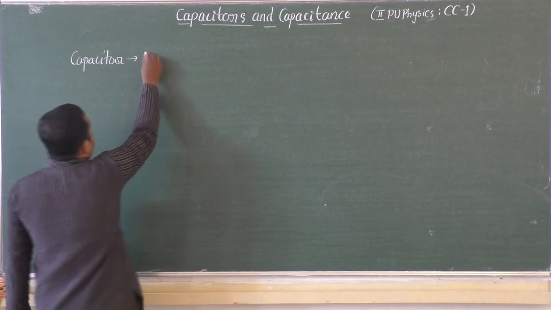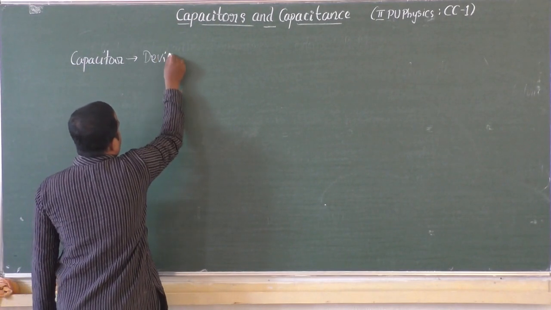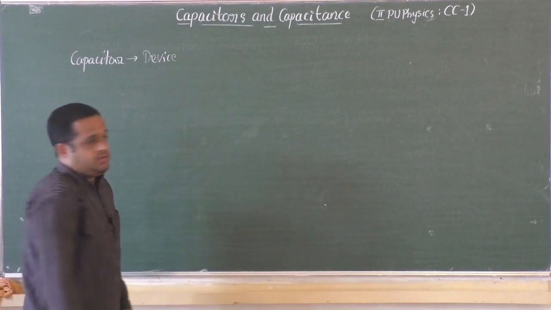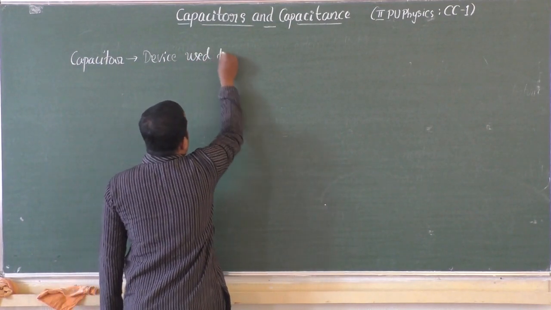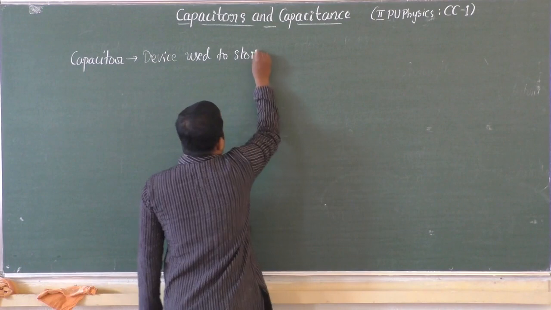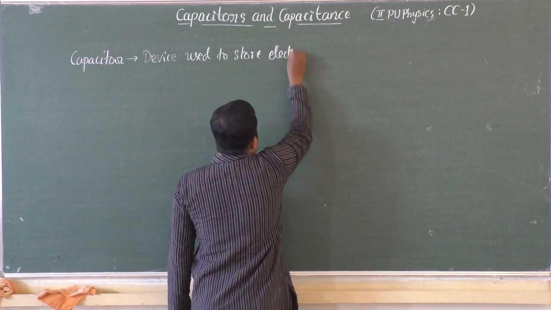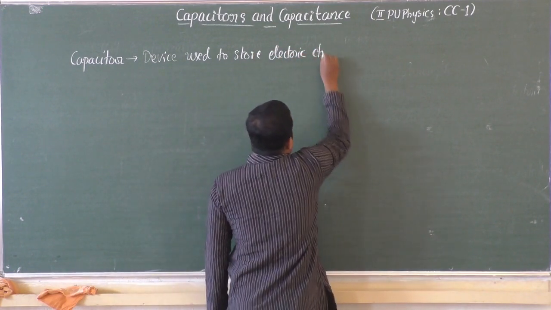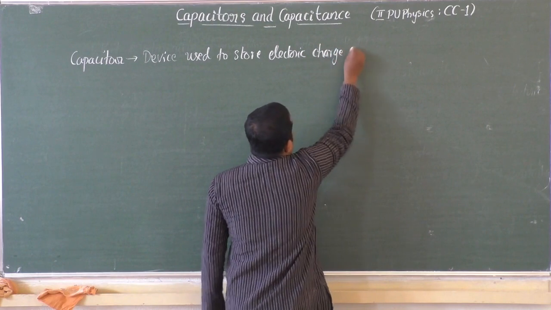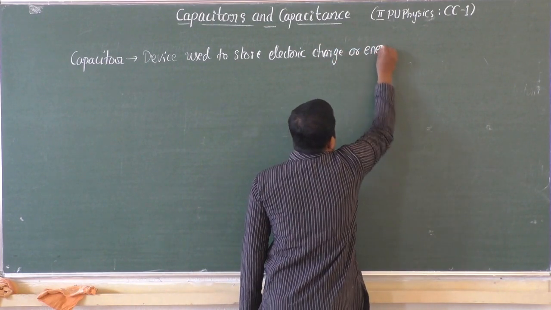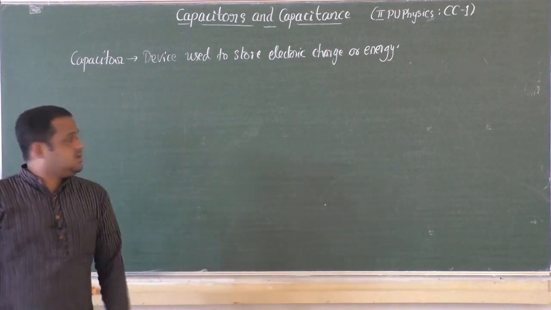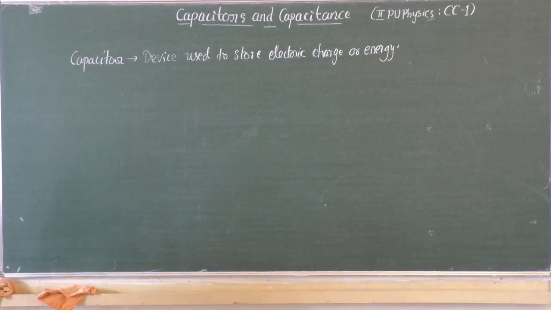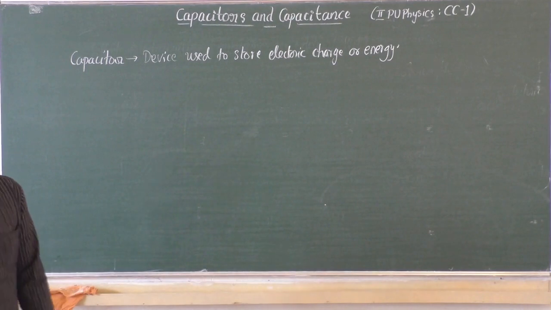A capacitor is a device which is used to store electric charge or energy. The device which is used to store the electric charge or energy is called a capacitor.